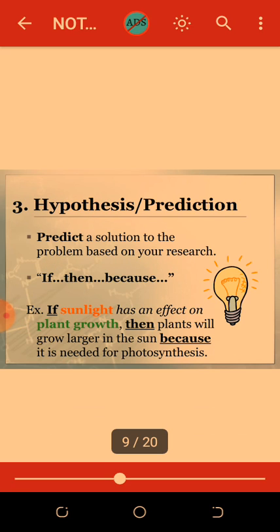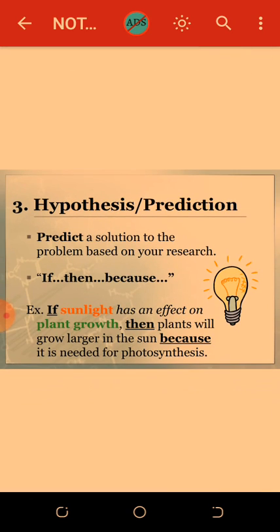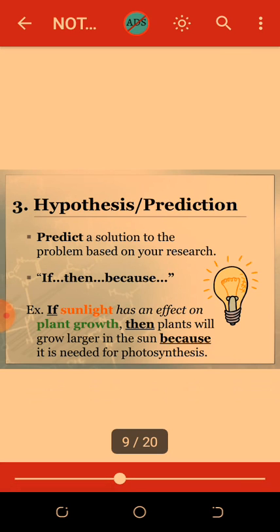The next step in the biological method, which is attached with the hypothesis, is deduction. And we use if and then. For example, if sunlight has an effect on plant growth, then the plant will grow larger in the sun because it is needed for photosynthesis.